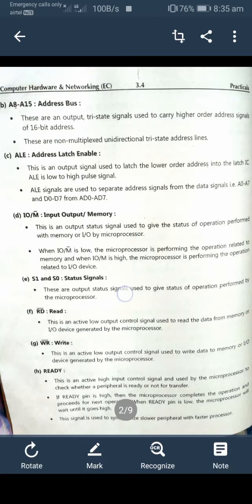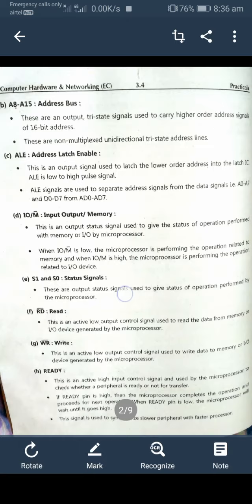When IO/M is low, the microprocessor is performing an operation related to memory, and when IO/M is high, the microprocessor is performing an operation related to input output devices. S1 and S0, status signals. These are output status signals used to give the status of the operation performed by the microprocessor.